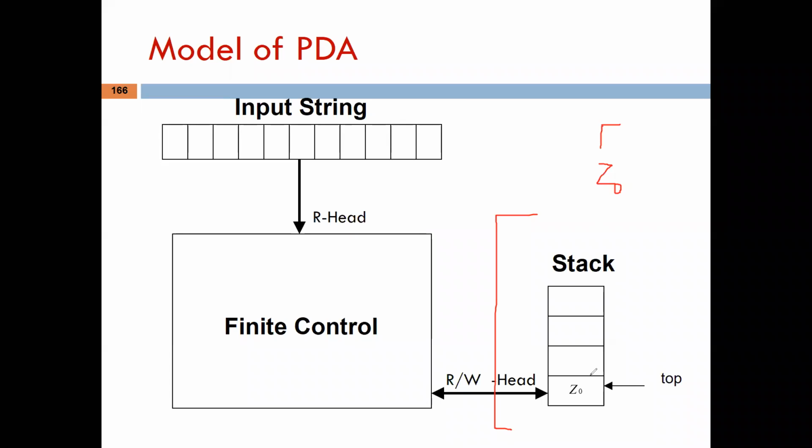Initial stack symbol means if there is no element in the stack, the top pointer will point to Z naught. If the top pointer points to Z naught, that means the stack is empty. Simple, right? Second part is tau.